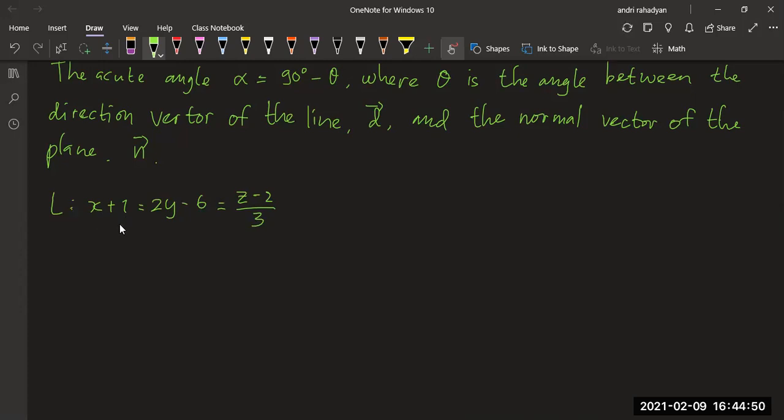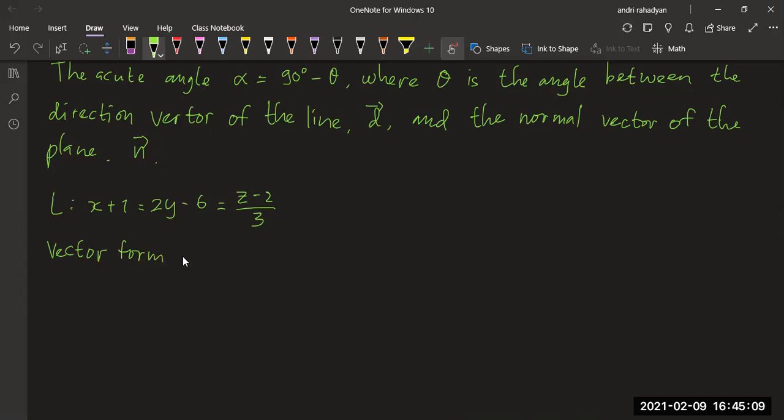We can convert this Cartesian form into vector form.